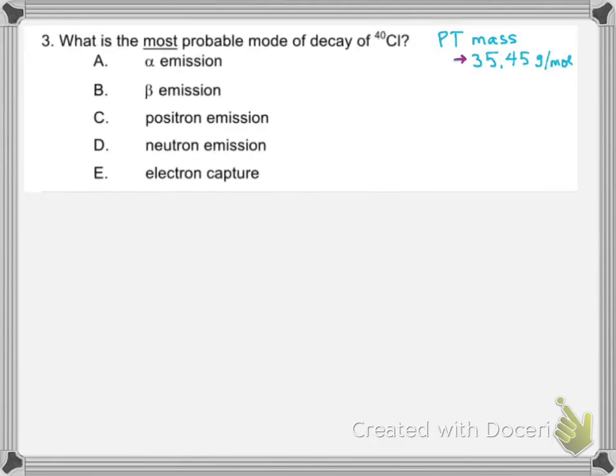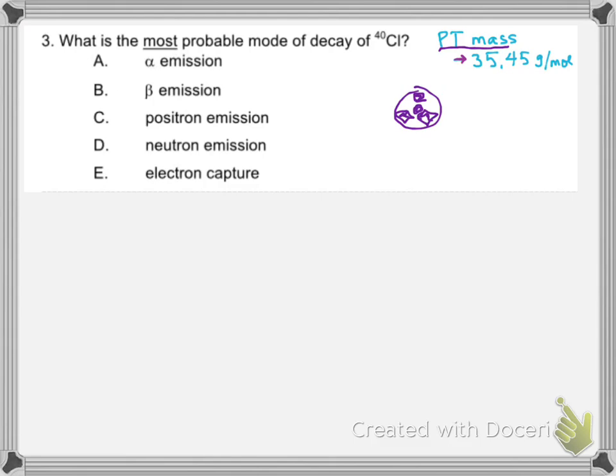To predict radioactive decay, we want to check our radioactive isotope. This is a terrible looking radioactive sign. Try this again. We want to compare our radioactive isotope with the most stable isotope, which we can find by consulting the periodic table.